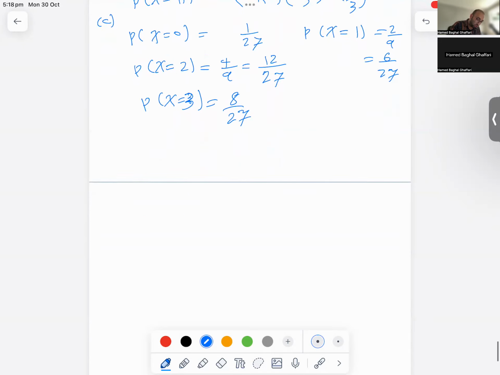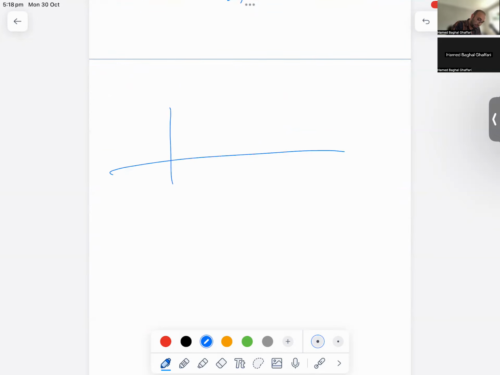So it is easy to plot this. We see 1 here, 2 here, 3 here, and I think I should amend this one. So here, P of X and X here, and we see that this should be like this: 1 over 27, and this will be 6 over 27.